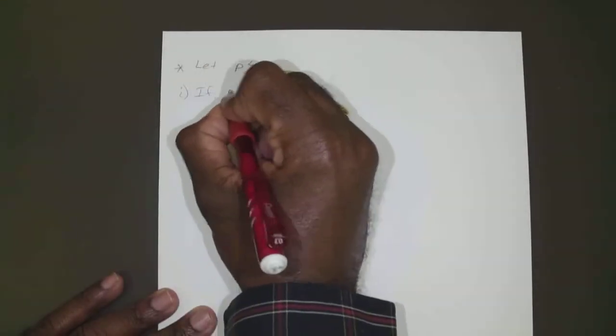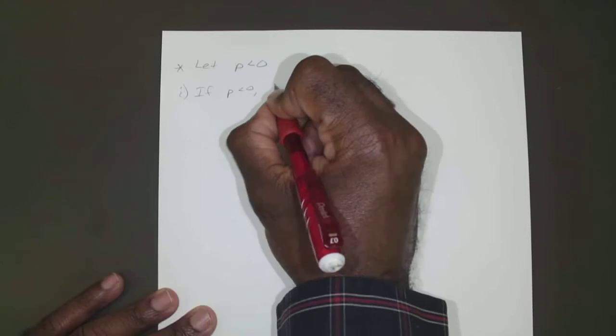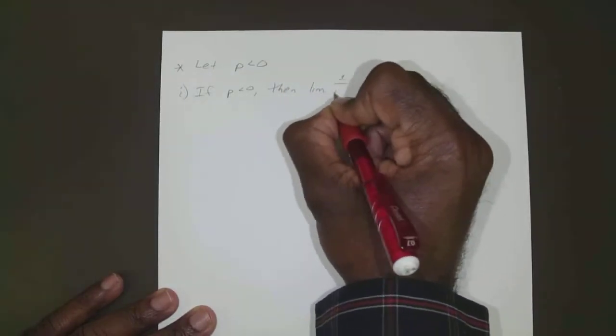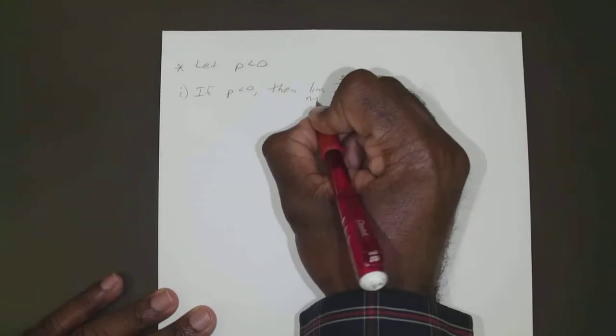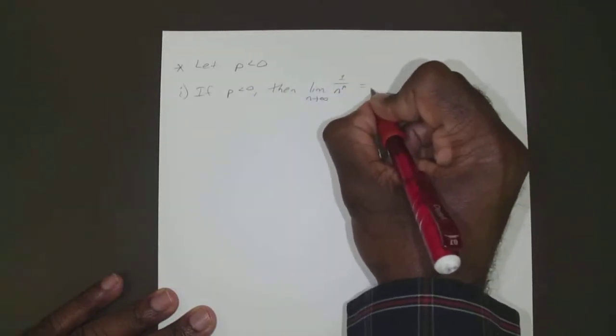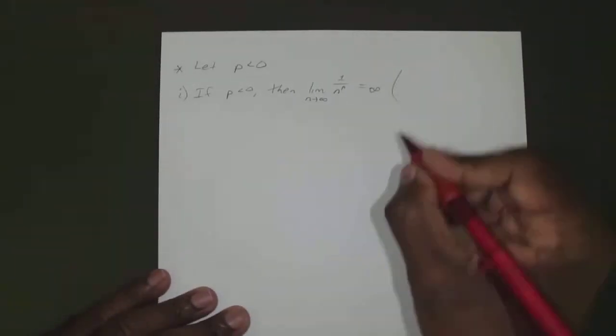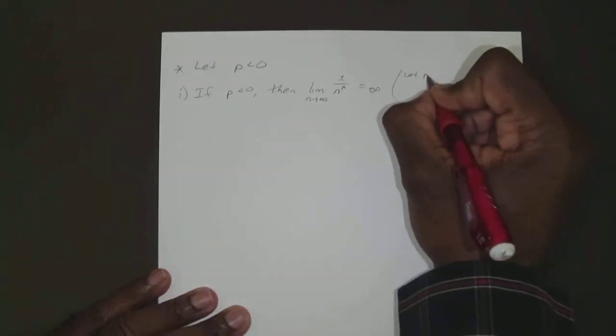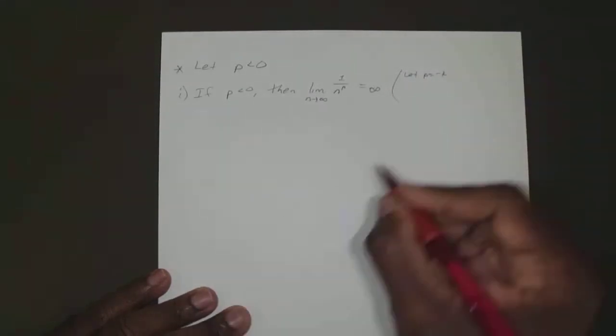Okay, so if p is less than 0, then the limit of 1 over n to the p as n approaches infinity actually equals infinity. And proof of that is if p is negative, we'll let p equal some negative k.